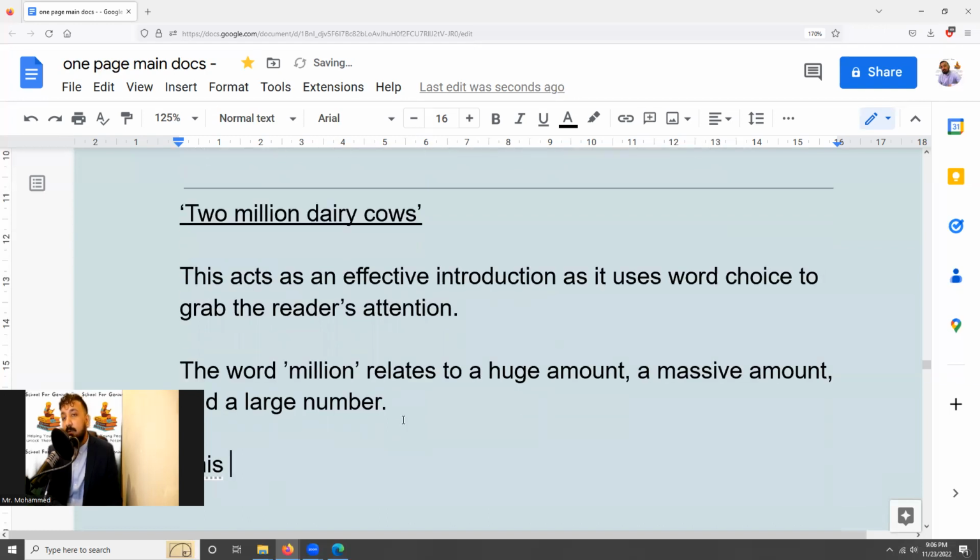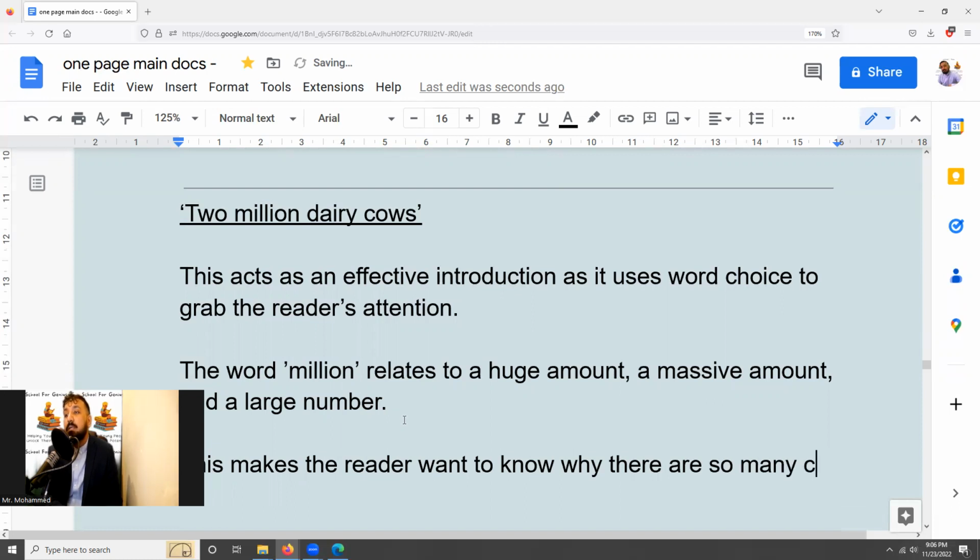Okay, now all we do is we finish it off. We just say this makes the reader want to know why there are so many cows in that location.